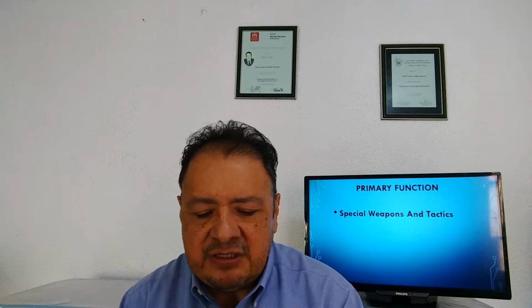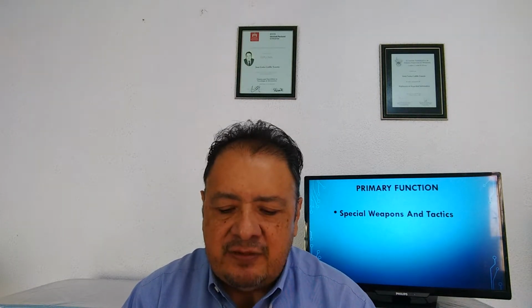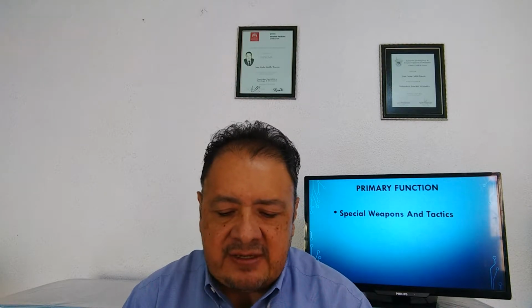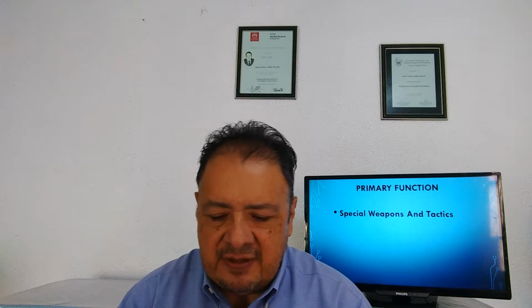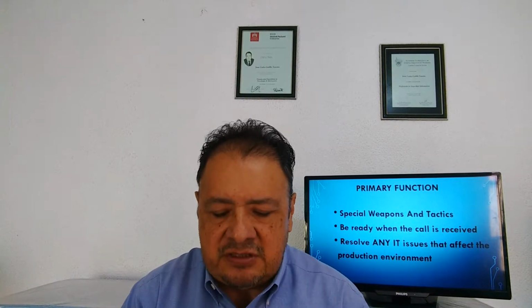What is the primary function of the SWAT team? Well, you must know that SWAT comes from the acronym Special Weapons and Tactics and applies precisely to provide a team, an elite team, with tactics and weapons in order to be effective and be upfront, ready to face any circumstance that should occur in our production systems.